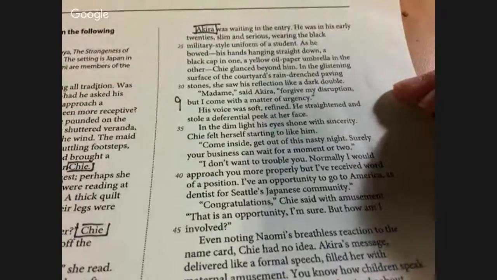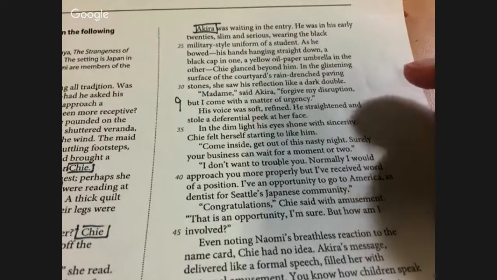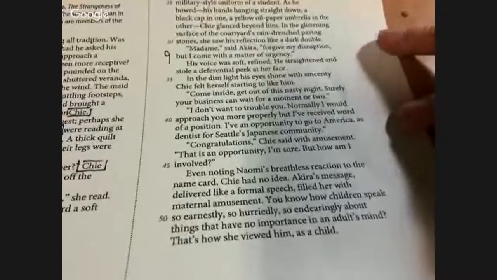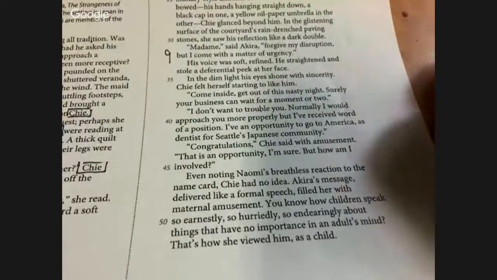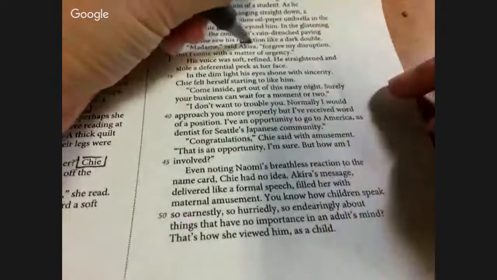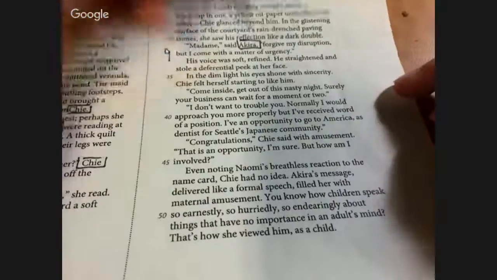He was in his early 20s, slim and serious, wearing the black military-style uniform of a student. He bowed, his hands hanging straight down, a black cap in one, a yellow oil paper umbrella in the other. Chie glanced beyond him. In the glistening surface of the courtyard's rain-drenched paving stones, she saw his reflection like a dark double. Madam, said Akira, forgive my disruption, but I come with a matter of urgency.